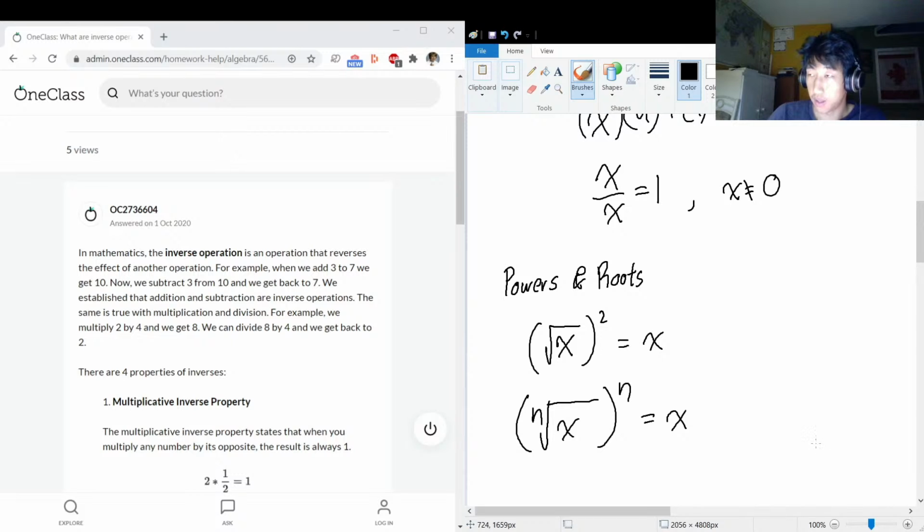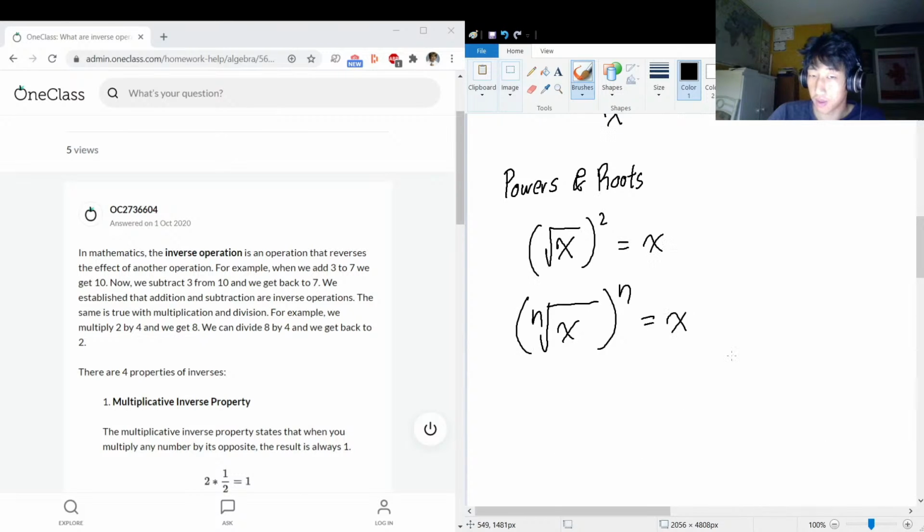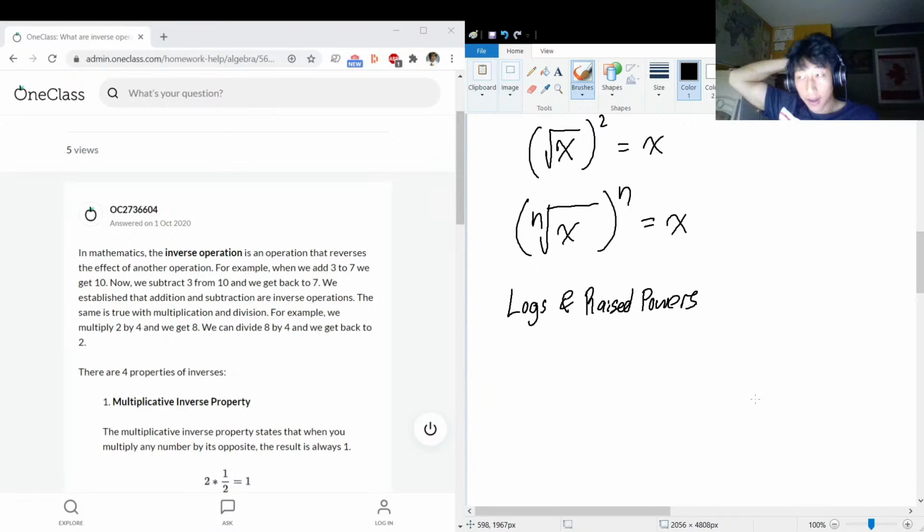Okay, and I think the last one that I might want to mention is logarithms and raised powers. The thing with logarithms and raised powers is that they're able to neutralize each other.